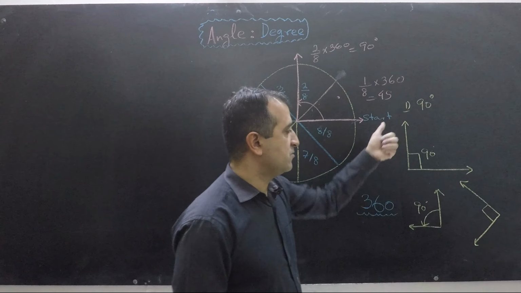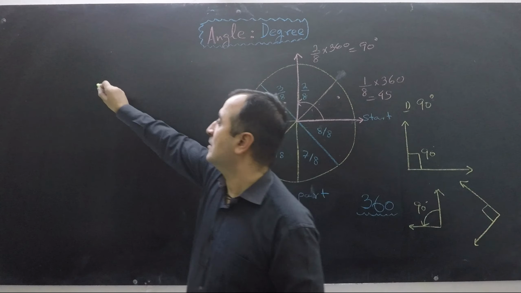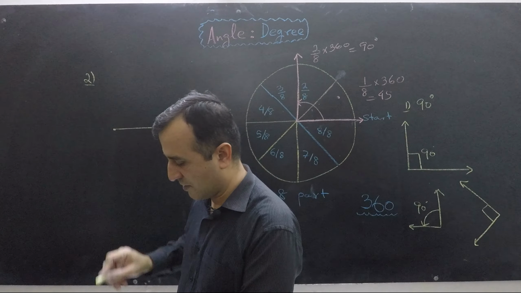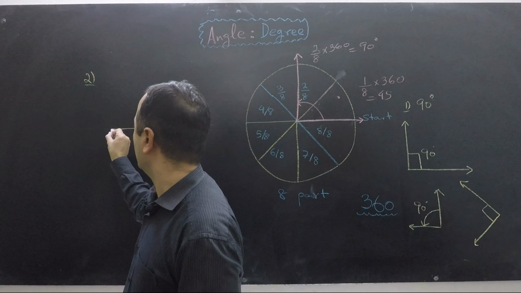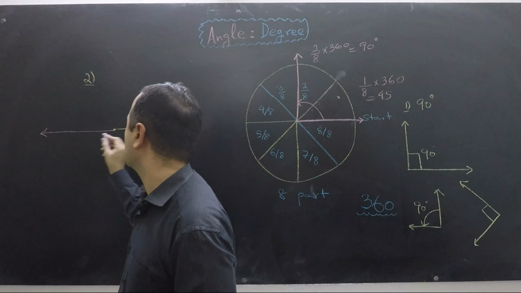Another angle that you should always remember is 180 degrees, because 180 degrees is like half of the circle, from here to here. If the two rays are on the same line, like this, one ray is this and one ray is this, then we can say that this whole thing is 180 degrees.